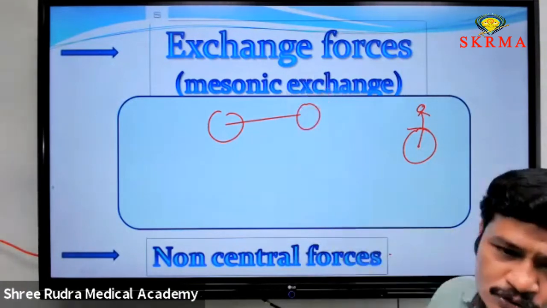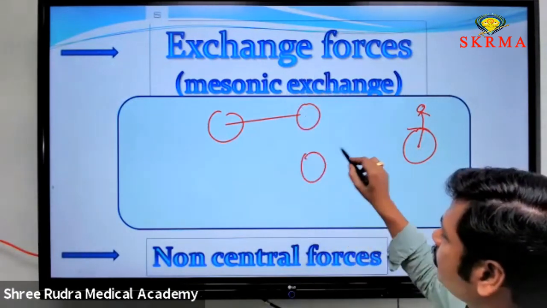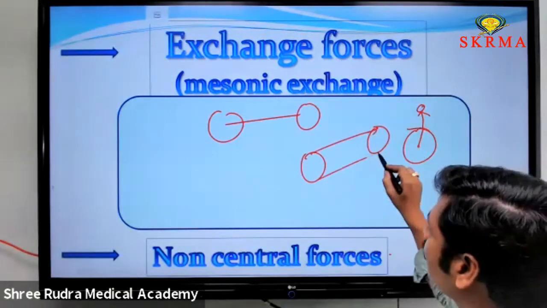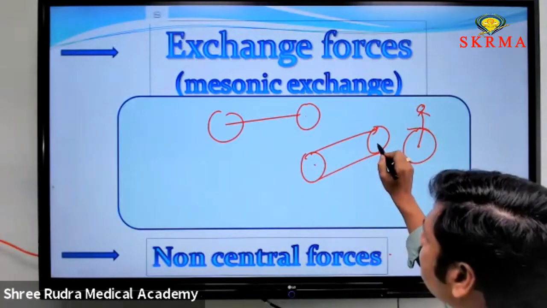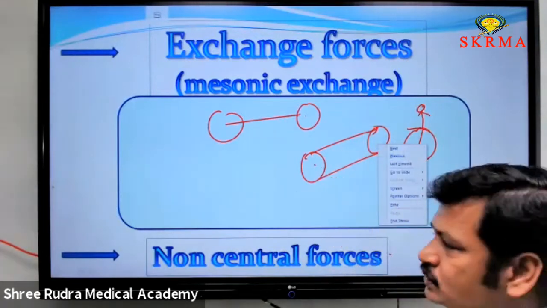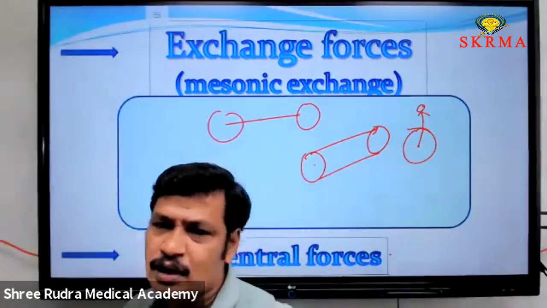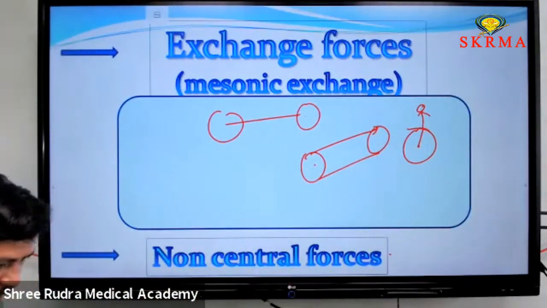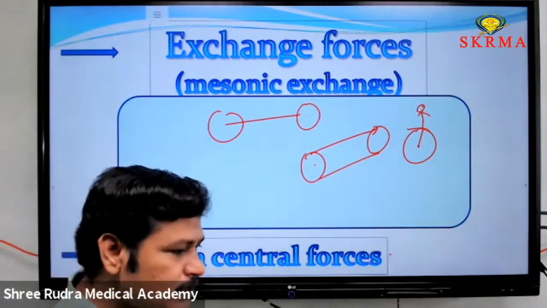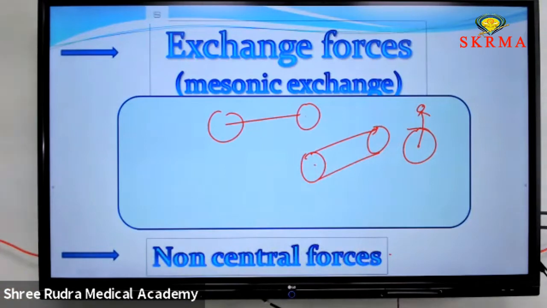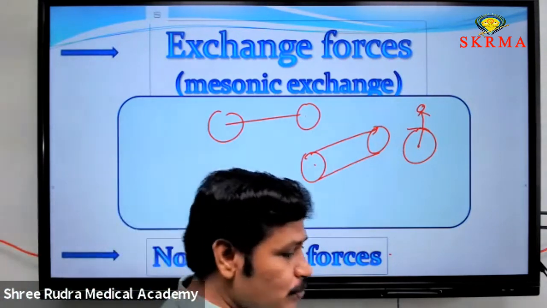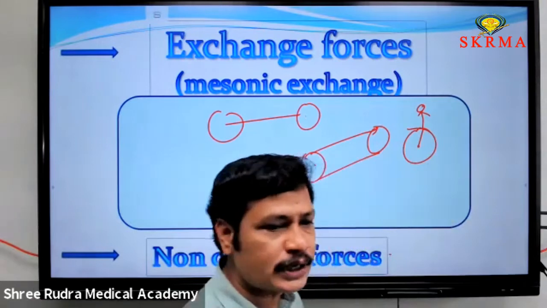But the nuclear forces are non-central, meaning the attraction may take place from any point to any point, not specifically center to center. If the forces act center to center, then those forces are called central forces. The gravitational forces come under the two body central force problem. The center to center forces only exist in the case of gravity, but the nuclear forces are non-central. These are the very important fundamental properties of nuclei.